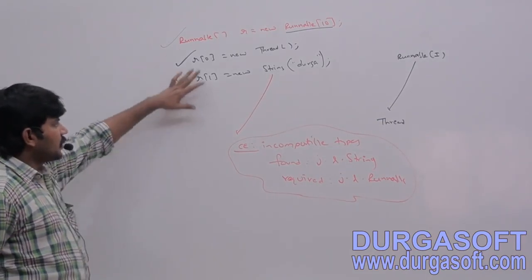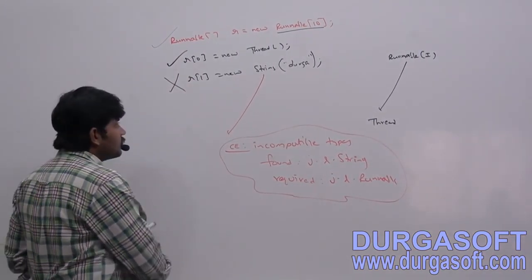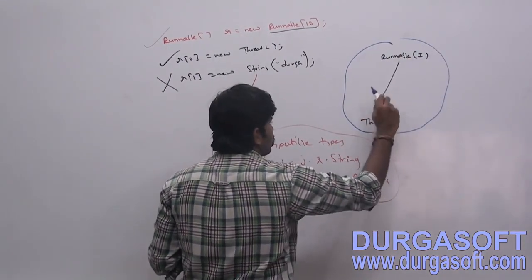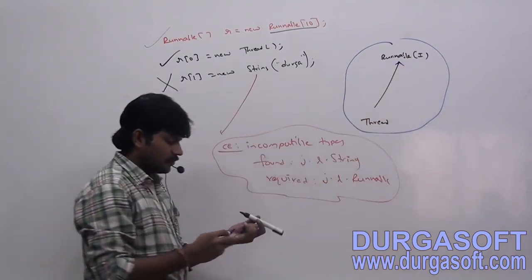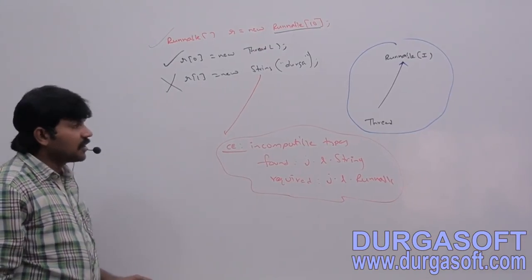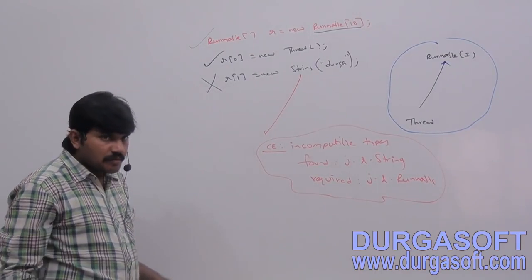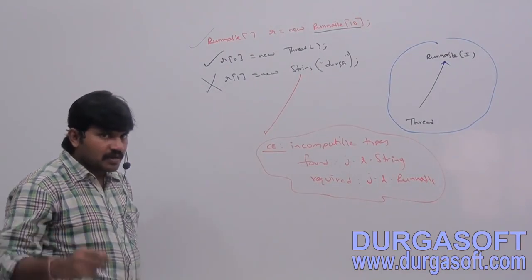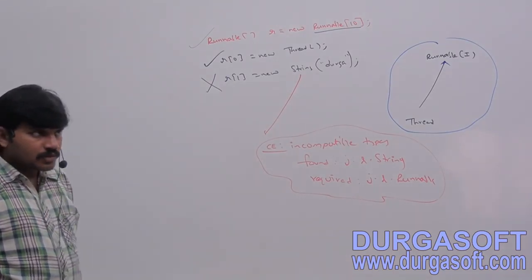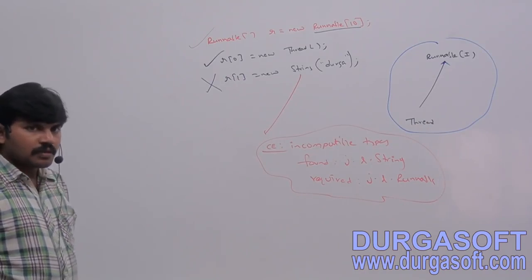Okay, like take this example. Compile time error, right? Throwable object. Compile time error. Throwable doesn't implement Runnable, either directly or indirectly, it won't implement.